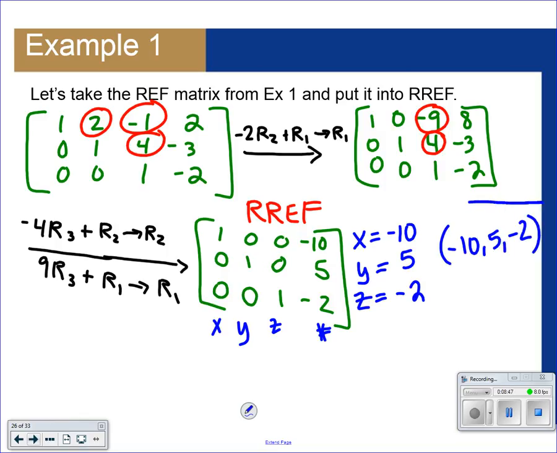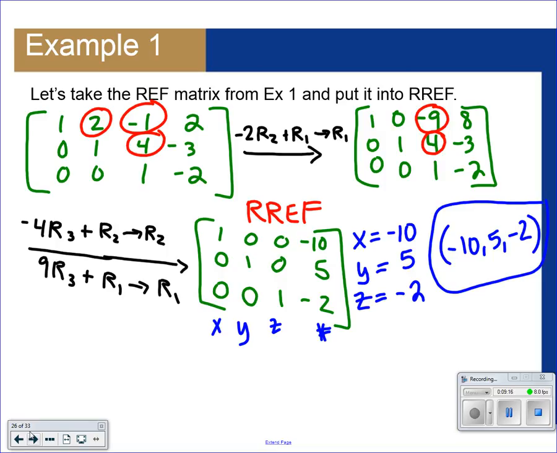After you got to this point where you were in row echelon form, couldn't you just solve and then put it back in reduced row echelon form? Well, right, that's why you wouldn't do both of them. If you're trying to just solve the system, you could stop at row echelon form and solve the system with back substitution, or you could keep going until you get to reduced row echelon form, and then solving your system, you wouldn't have to do back substitution.